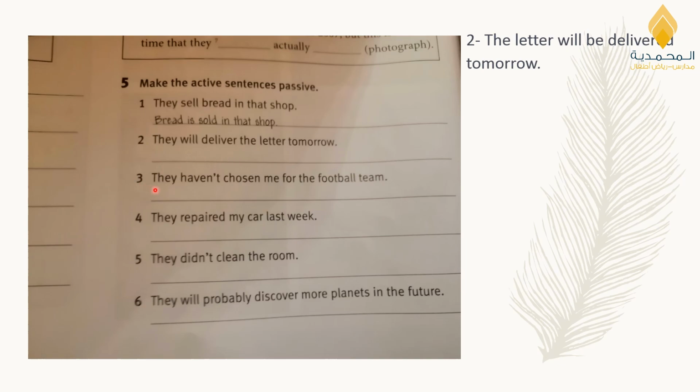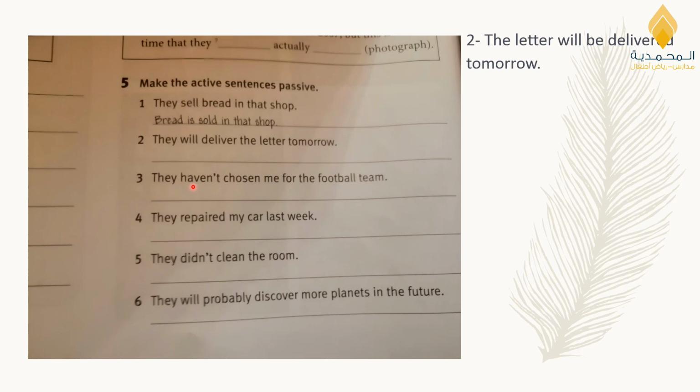3. They haven't chosen me for the football team. Where is the object? Yes, it's me. Because here it's in the place of the object, that's why we used me. When I want to put it in the place of a subject, I don't use me, I'm going to use I. Okay, next. What's the tense here? It's present perfect.